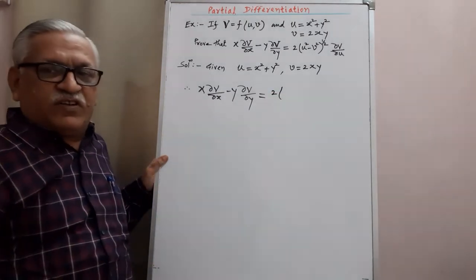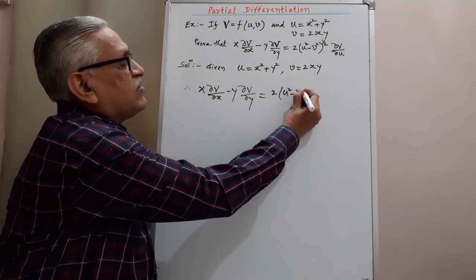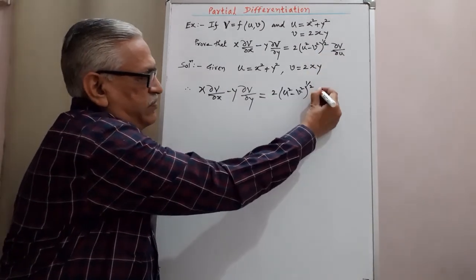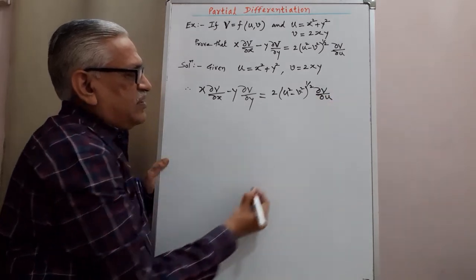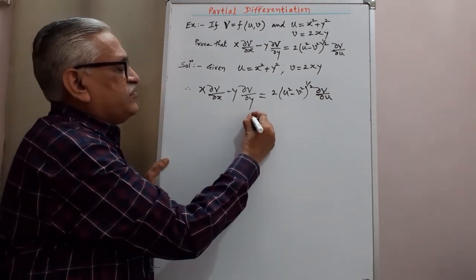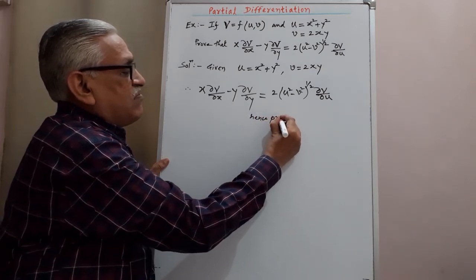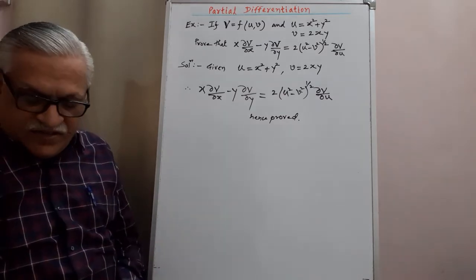The value of that x² minus y² is (u² minus v²) raised to 1 by 2 into that ∂v/∂u as it is. Hence proved. We get the required result.